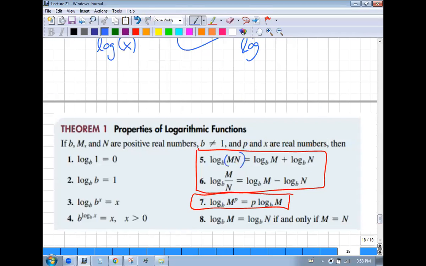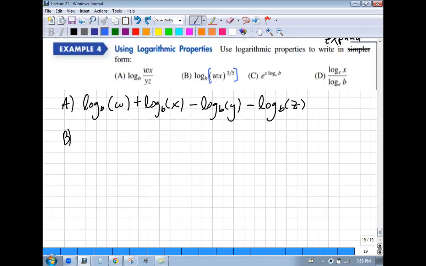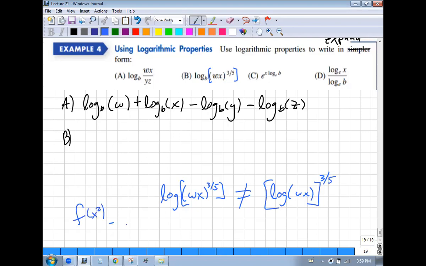This is a function of mn, but because I see that they just leave out parentheses, I'm assuming that they need parentheses here. So log of wx to the 3/5 is not the same thing as log of wx, all to the 3/5. And if you don't put parentheses there, you don't know which one it is. It's like saying f of x squared, that's not the same thing as f of x, squared. Totally not the same thing.